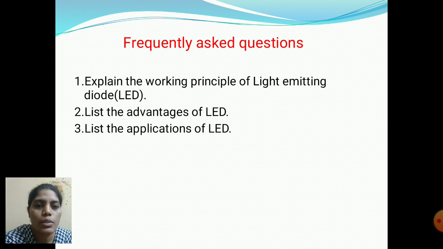Biased, we can show recombination of holes and electrons in the depletion region, P side and N side, and they are releasing energy in the form of light. And the second question is to list the advantages of LED. And next, list the applications of LED.